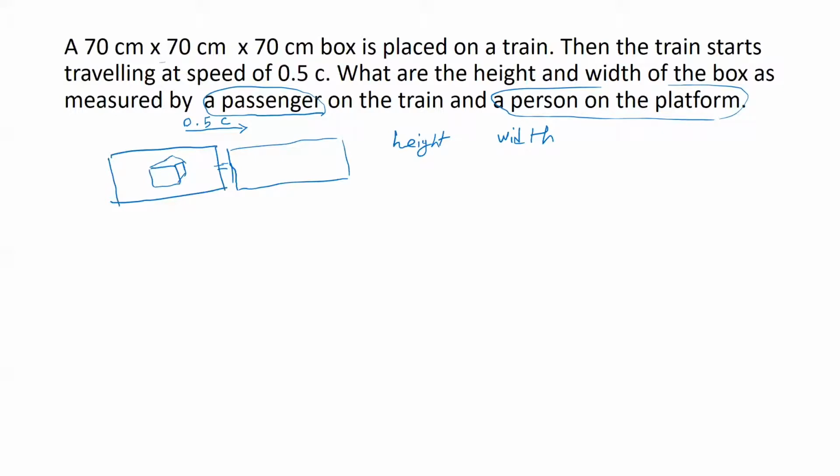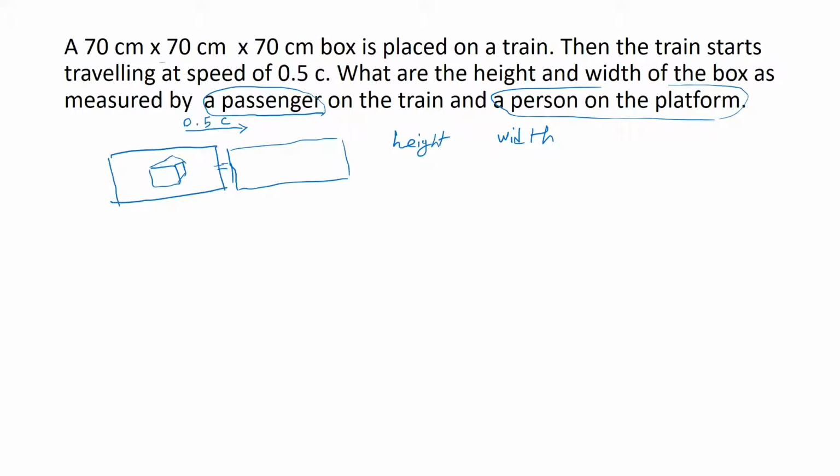A moving object shortens in the direction of motion, just in the direction of motion, not other dimensions. So the only dimension that might change is the width. It means height and length are measured as 70 centimeters from both frames of reference.